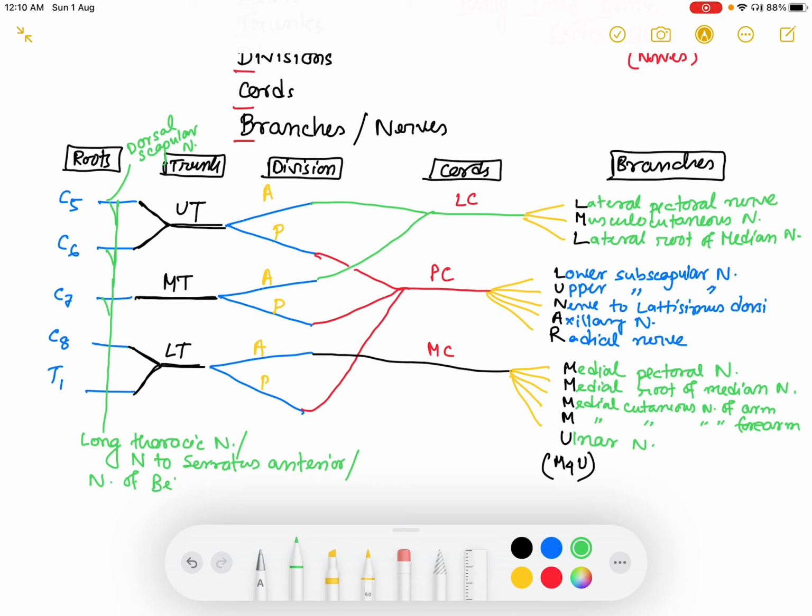So three names: long thoracic nerve, nerve to serratus anterior muscle, or nerve of Bell. And these are the branches from the roots.